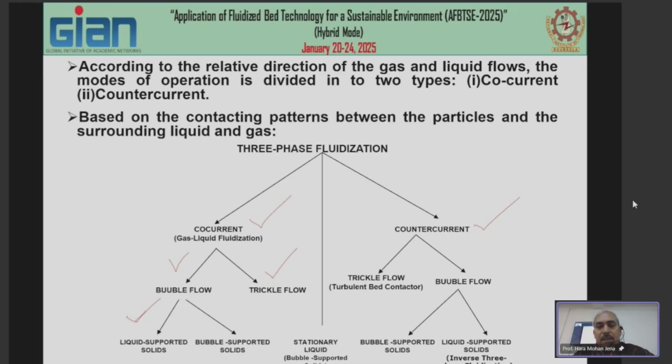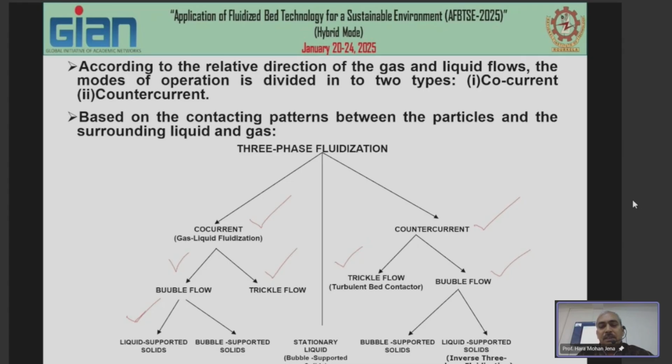And in counter-current, again it is classified as trickle flow, which is a turbulent bed contactor, and bubble flow. Again, bubble flow means the liquid is continuous, and in trickle flow, gas is continuous and liquid trickles down. Again, bubble flow in counter-current is classified as bubble supported solids and liquid supported solids.